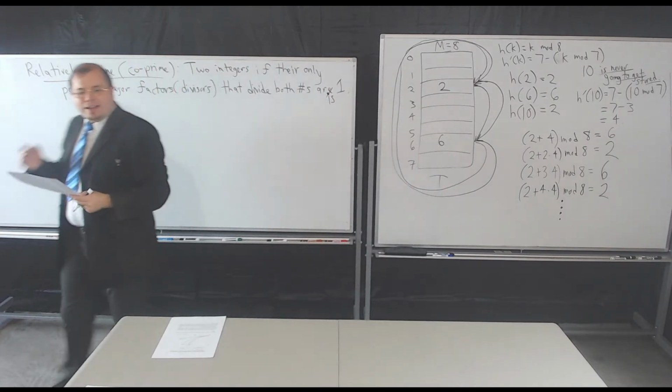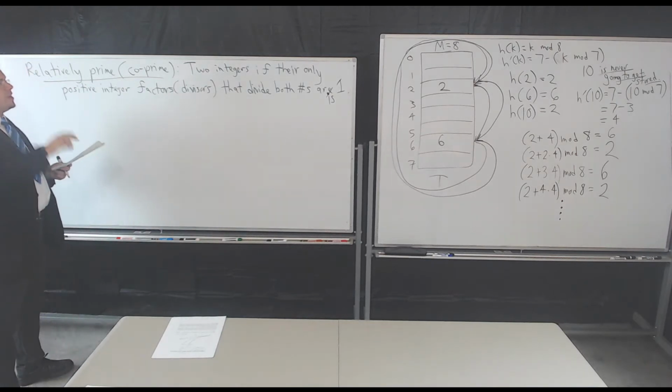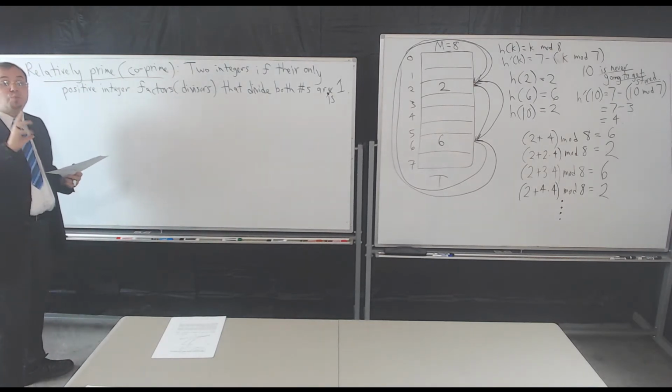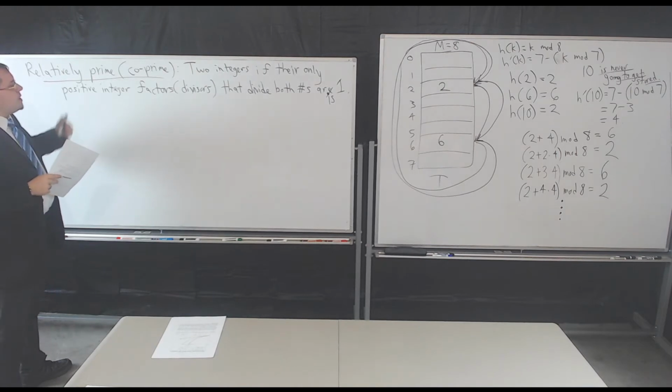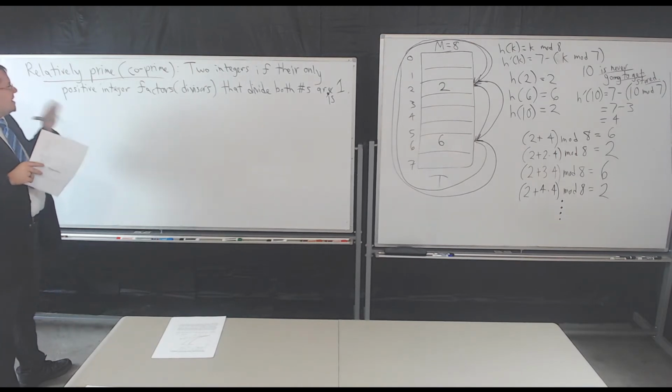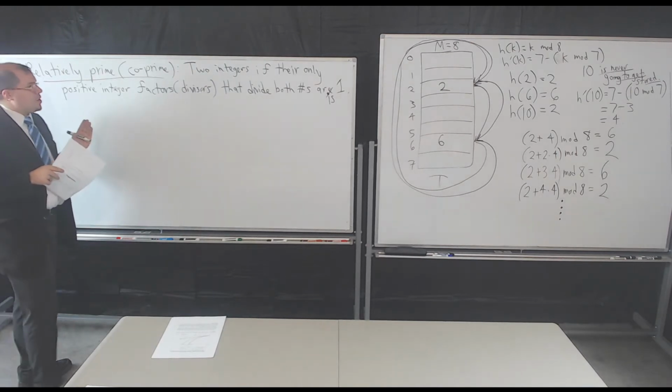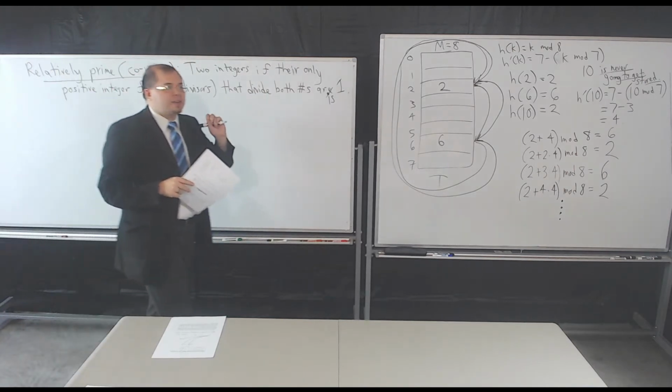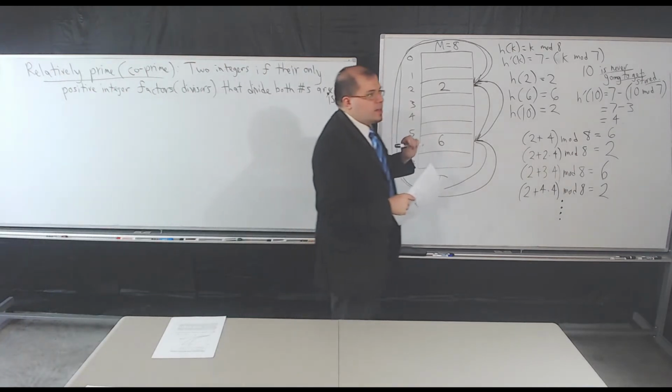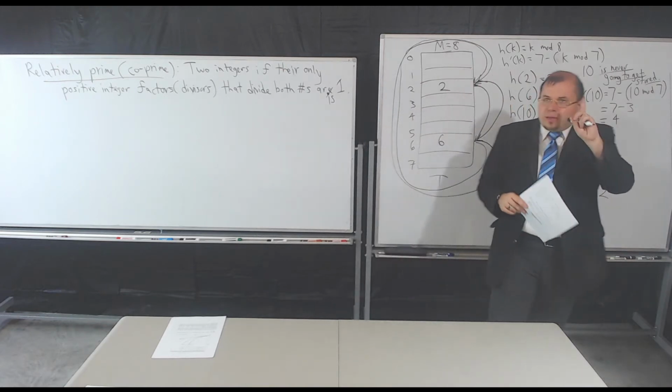So basically, if I give you 2 numbers, the only divisor that they're going to have in common is going to be 1. So if I give you 2 integers, like P and Q, and ask whether they are relatively prime, the way you tell me is if their common divisors are only 1.